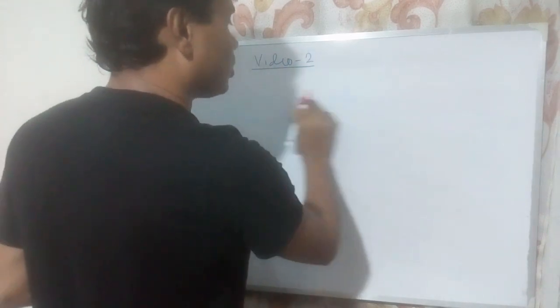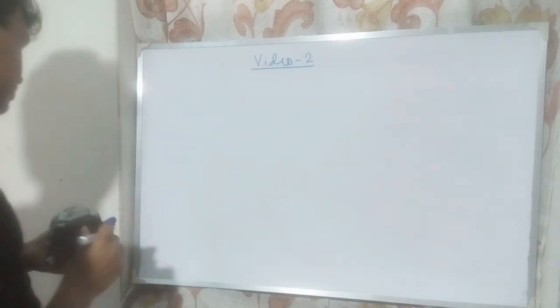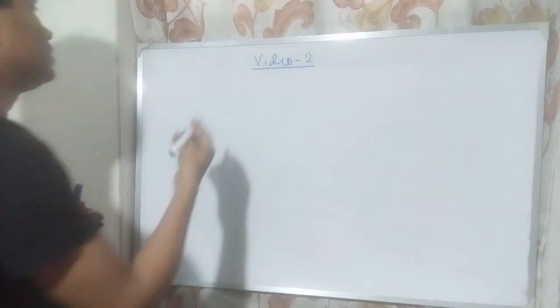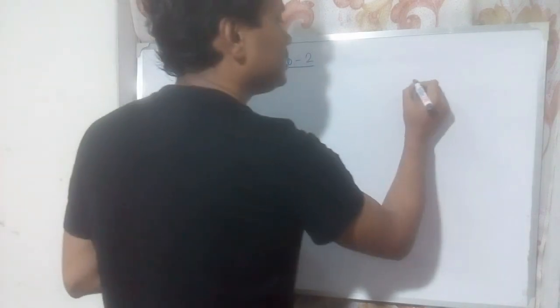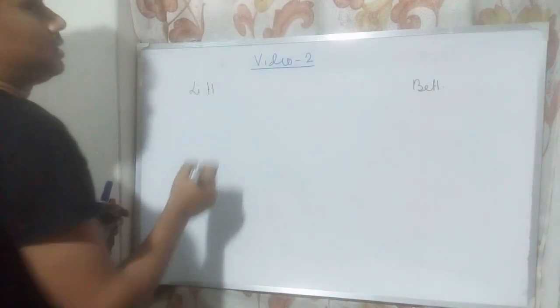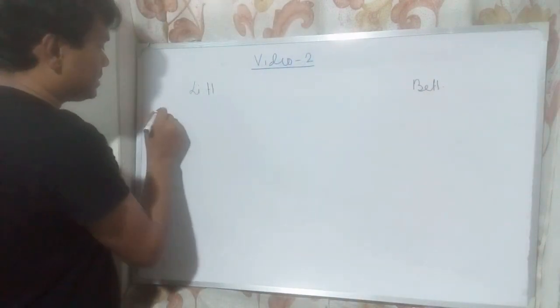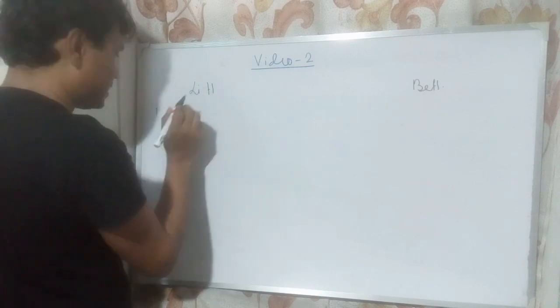Now we'll go to our next topic, the hydrides of lithium and beryllium: lithium hydride and beryllium hydride. Lithium hydride is made of lithium and hydrogen.